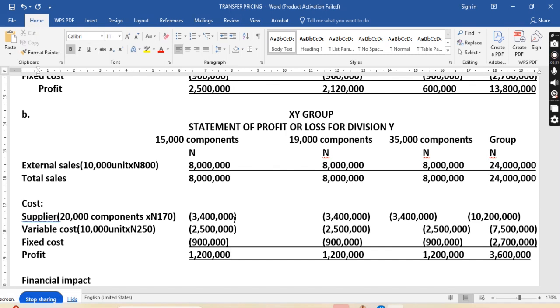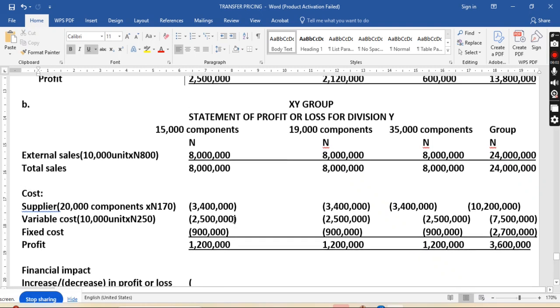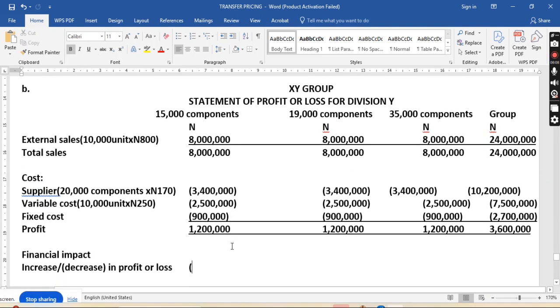Class, what is the difference between 2,500 and 1,200? 1,300. So there is a decrease in profits by 1,300.